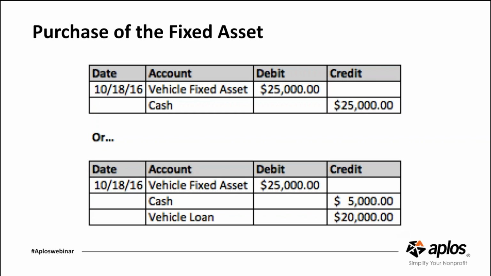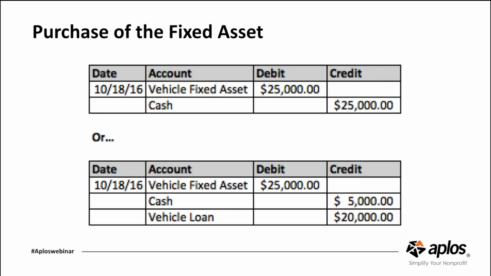On the credit side, I'm paying $5,000 worth of cash out. So it's leaving my cash account, therefore it's a credit. And then the remaining credit there to get things to balance is a positive loan value of $20,000. So what this journal entry is essentially stating is I bought a $25,000 car, I paid $5,000 out of pocket, and now we owe a $20,000 loan to whatever company we took the loan through.